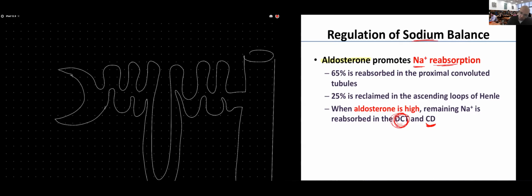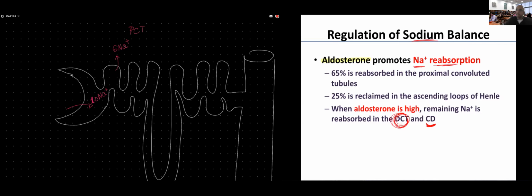All right. So if I told you I filtered, let's say, 100 sodium out from the blood, around 65 sodium are going to be reabsorbed back in the proximal convoluted tubules. This is not regulated by the aldosterone. This is a mandatory reabsorption.